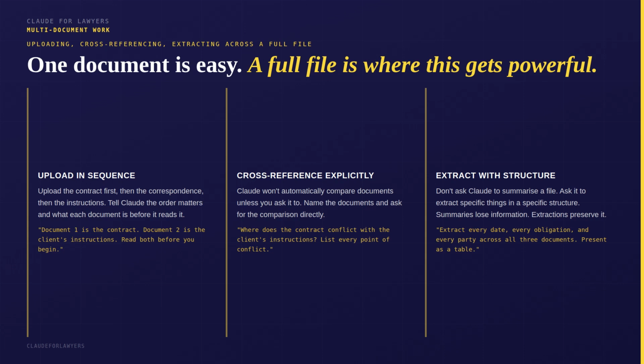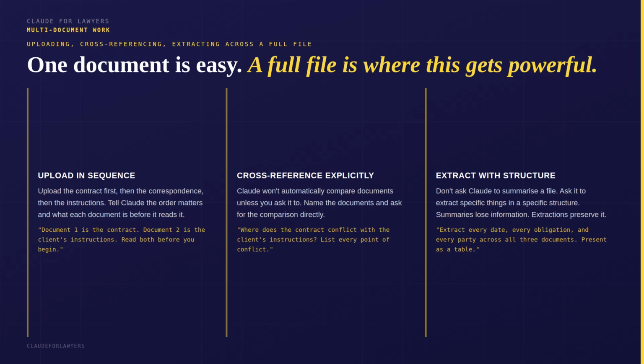The third principle is to extract with structure rather than summarize. This is the most important distinction in multi-document work. A summary loses information. It compresses, combines, and removes detail. An extraction preserves it. When you need to work across a full file, ask Claude to extract specific things in a specific structure.